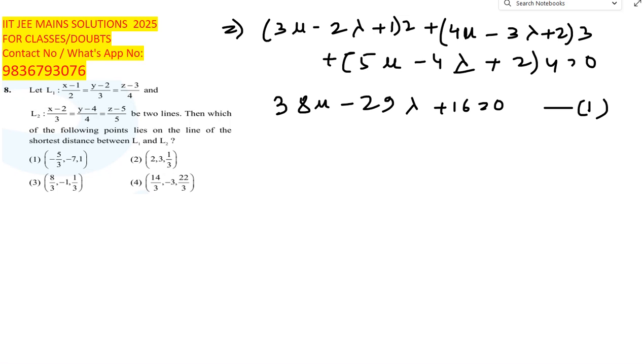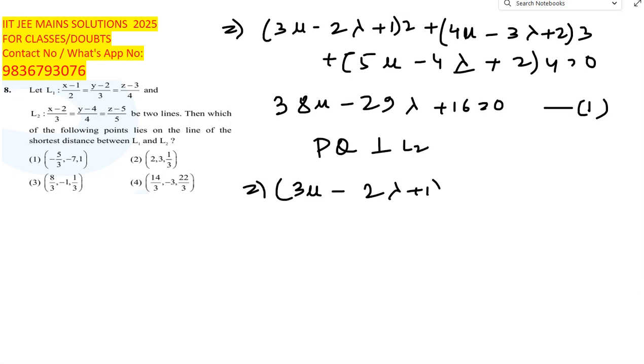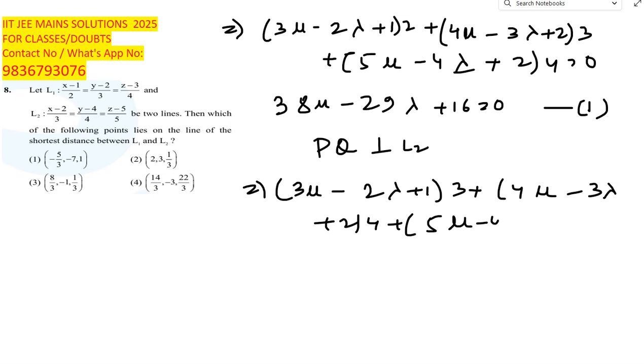Here again I will consider now for L2 again. So plus 1 plus 2 plus 5 is equals to 0.